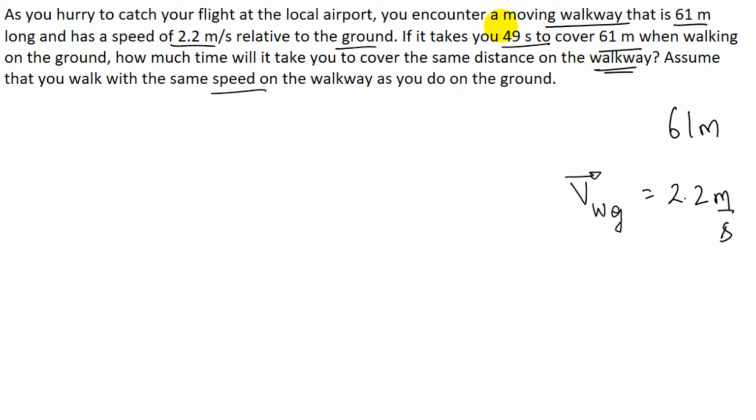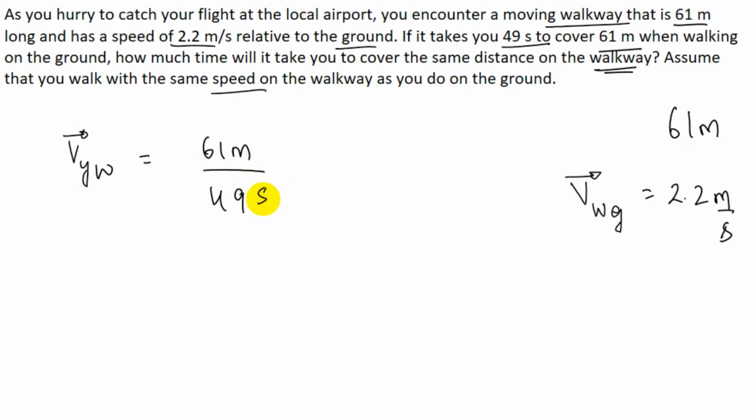So basically from this data we can calculate your velocity with respect to the walkway. Your velocity with respect to the walkway will be equal to the distance covered by you divided by the time taken. So distance covered is 61 meters and time taken is 49 seconds.